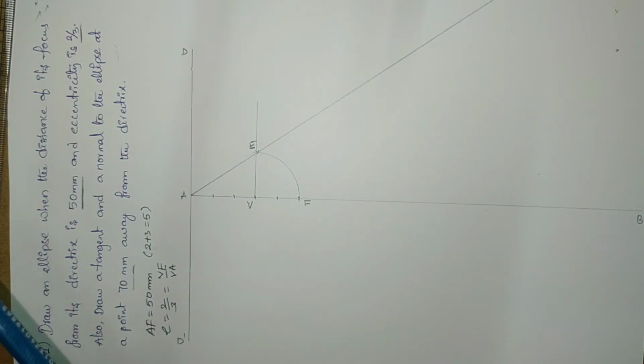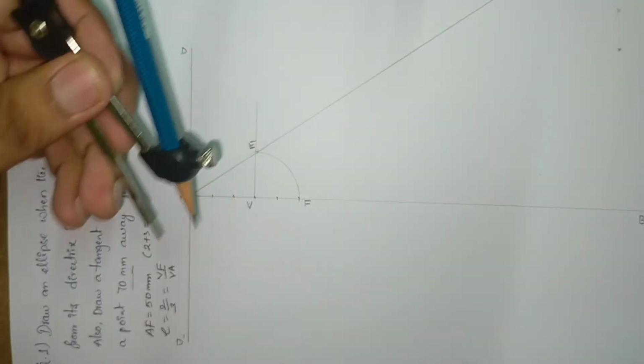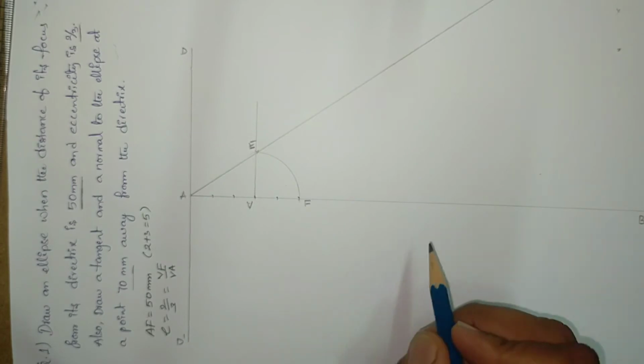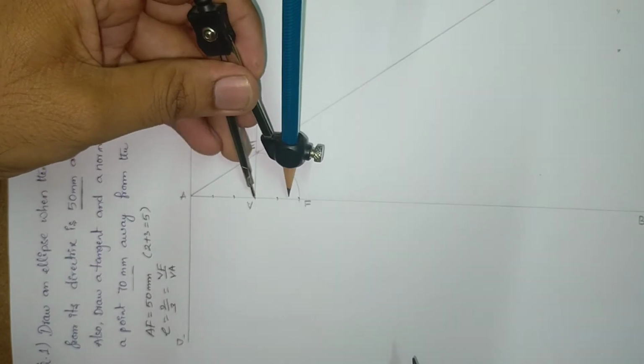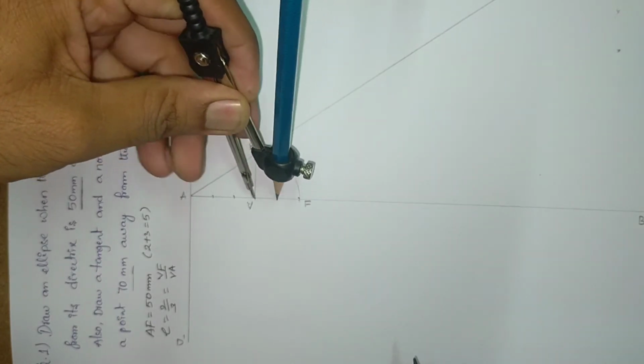Now I am taking some radius equal to 10 mm. Mark points 1, 2, 3 and so on from V, taking 10 mm as the radius.